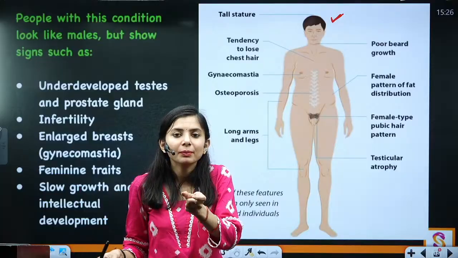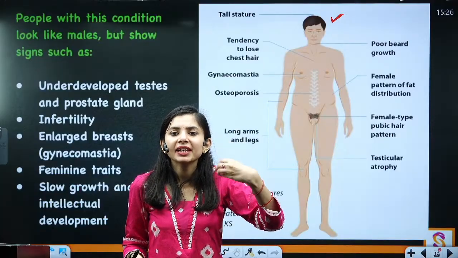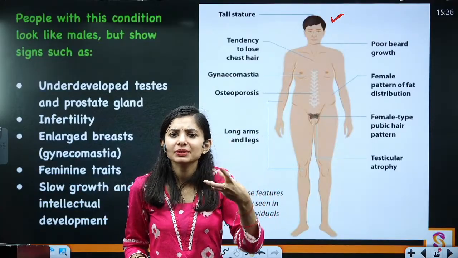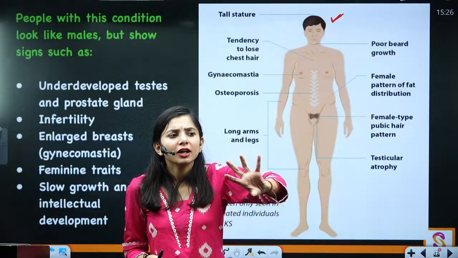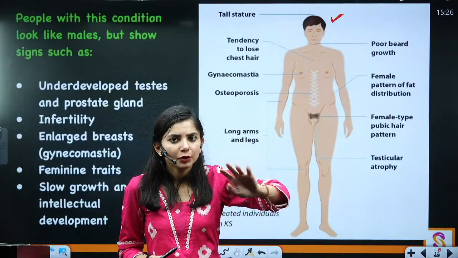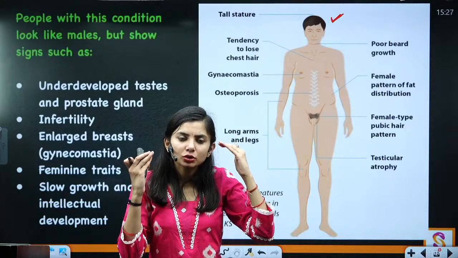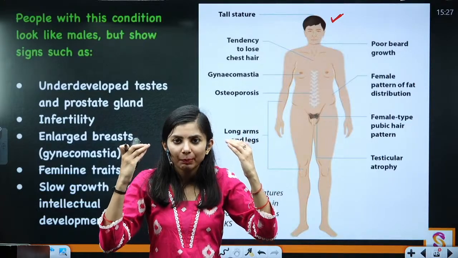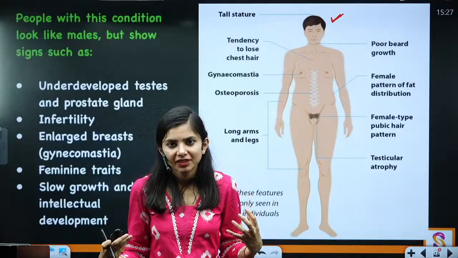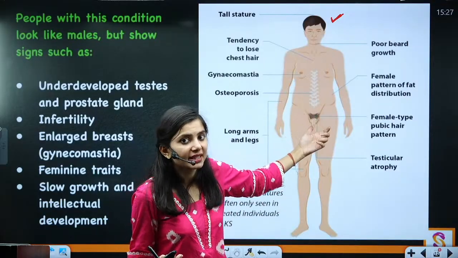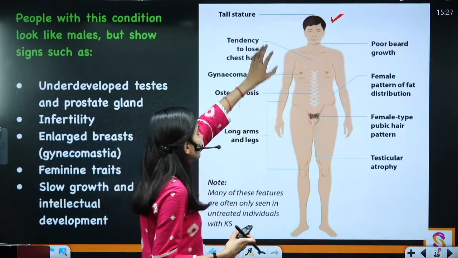Those girls are given some sarcasm, some slang language, that these females are looking like males. You must have heard. So these are some stereotypic images that we have in our mind, and that's basically the effect. Now here, try to understand.